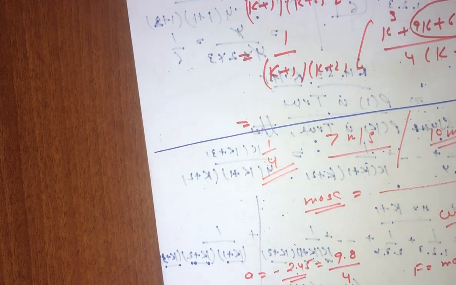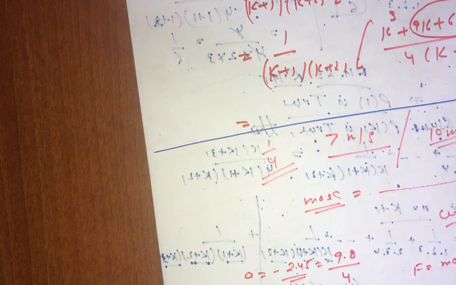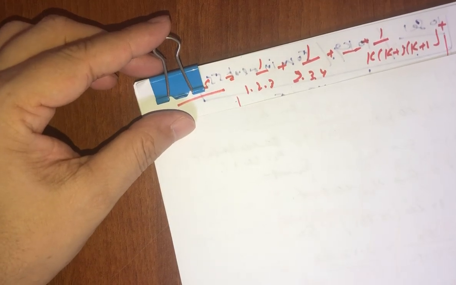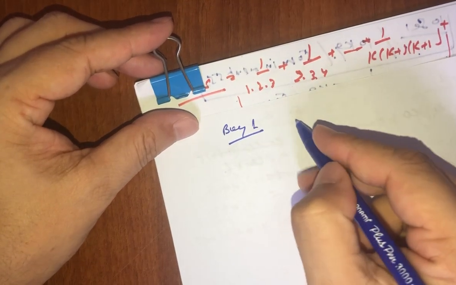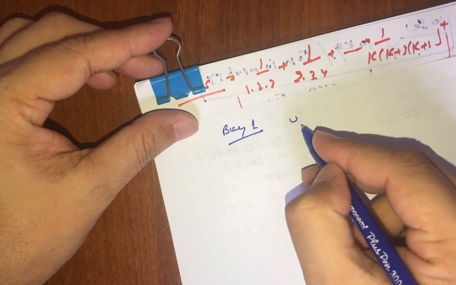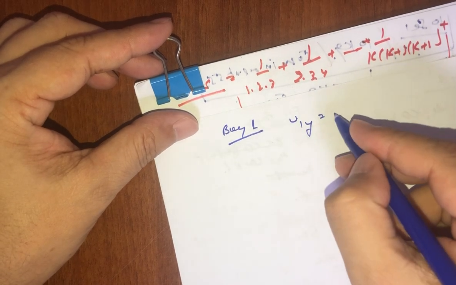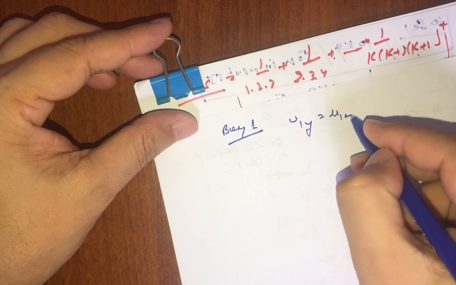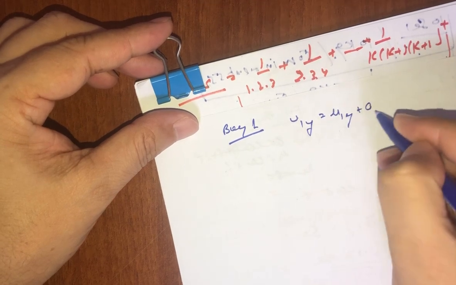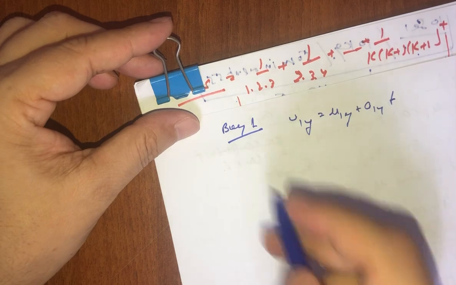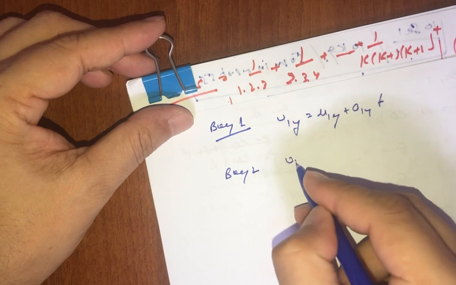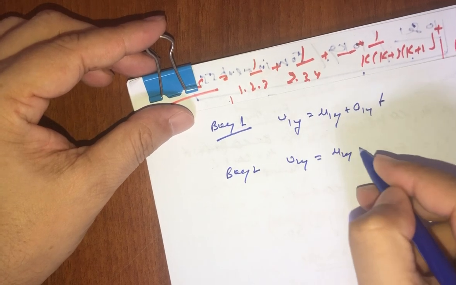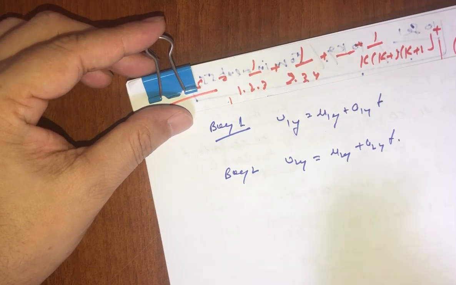So in order to find out the velocity, we can use the simple formula. For y1, we can say that v1y is equal to u1y plus a1y into t, and for y2 we can say that v2y is equal to u2y plus a2y into t.